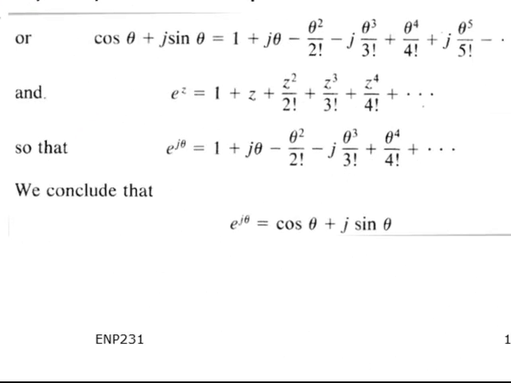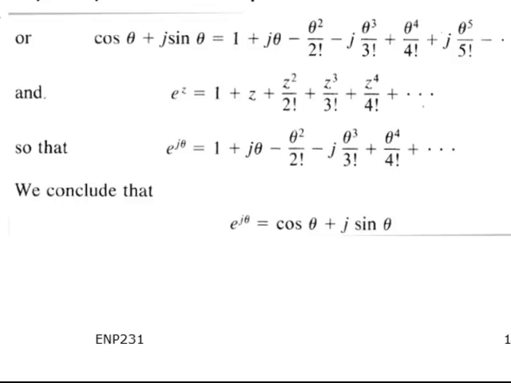Now if we add those two together, instead of saying cosine theta plus sine theta, if we say cosine theta plus j sine theta, and we use those two power series, we end up getting a power series that has all powers of theta, both even and odd. And all of the odd powers of theta have a j in front of them.